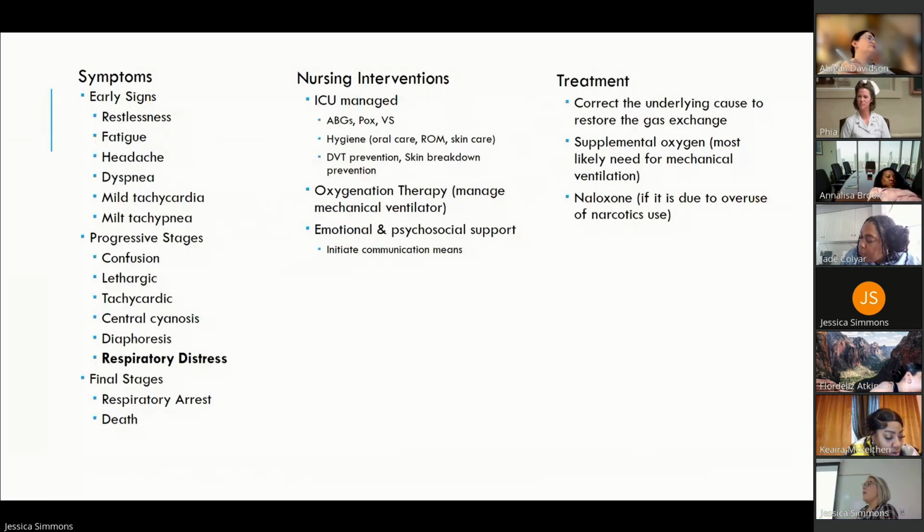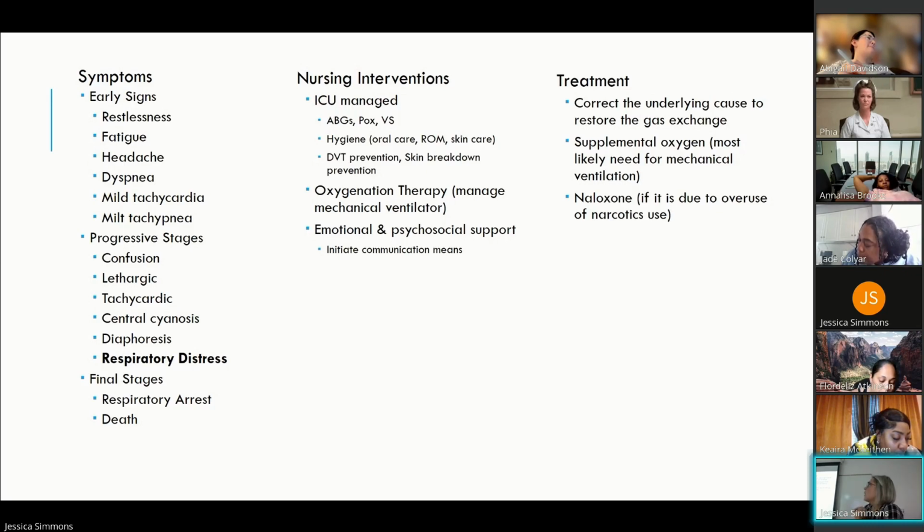So when you have a patient that's in acute respiratory failure, it is really, really important to diagnose and start treatment in the early stages. So your nursing interventions would be in the ICU, ABGs, pulse oximetry, vital signs, oral hygiene, range of motion, skin care, DVT prevention, skin breakdown prevention.